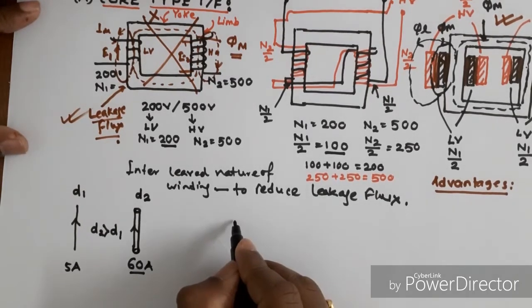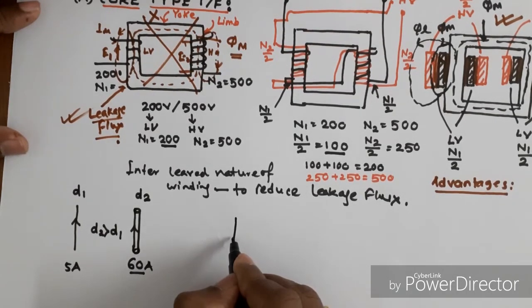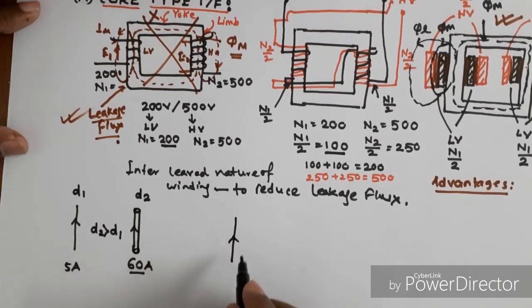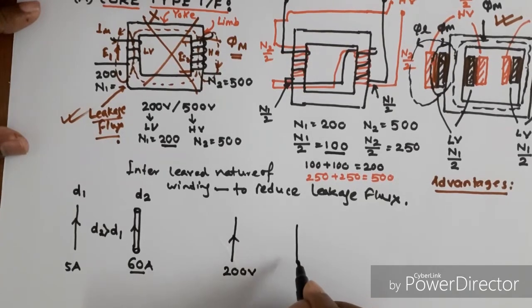Next, suppose this is a conductor. The potential difference between this conductor and the earth is 200 volt, and another conductor is at 6.6 kV. Now what is the difference?